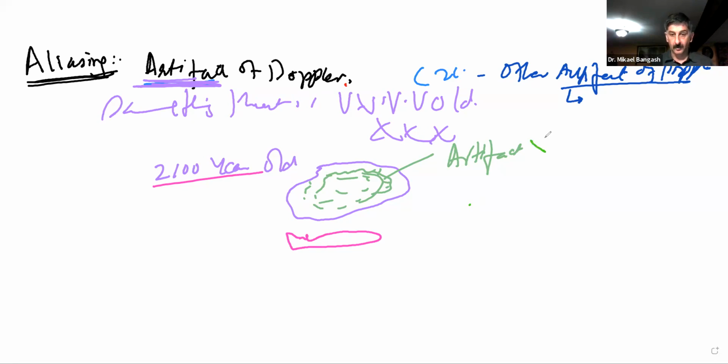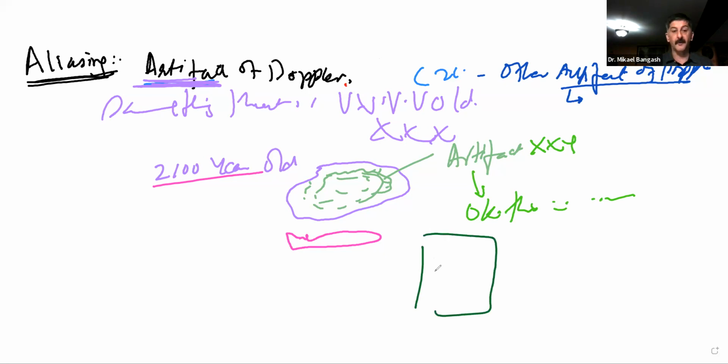By removing the artifact, then we know what it is. Likewise, when we see artifacts on an image, on a recording, it makes it difficult for us to determine what we are looking at, because the image that we had is affected by artifacts.